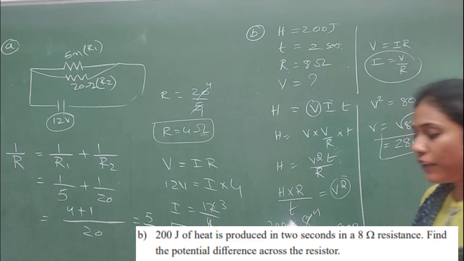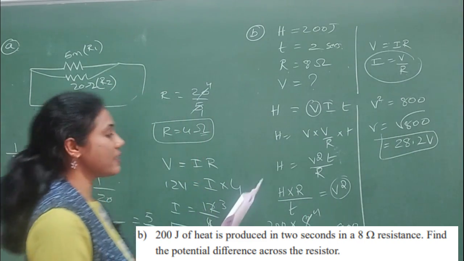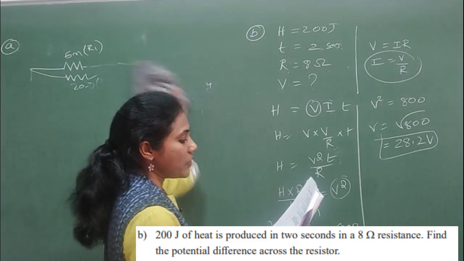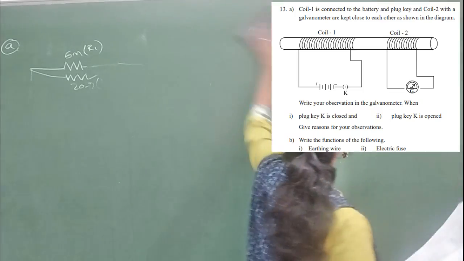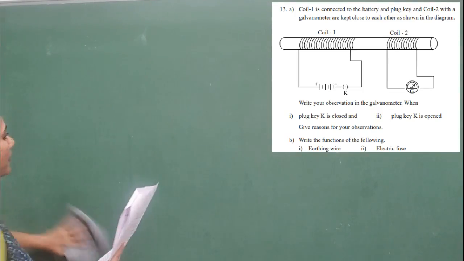Right, and now if we move on to question number 13, this is again a 4-marker question from the chapter Magnetic Effect of Electric Current. Definitely a conceptual question on Faraday's experiment.